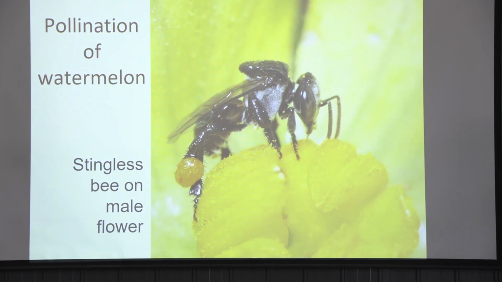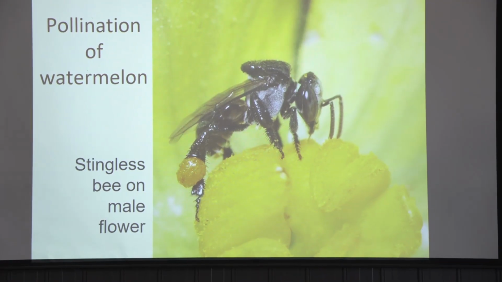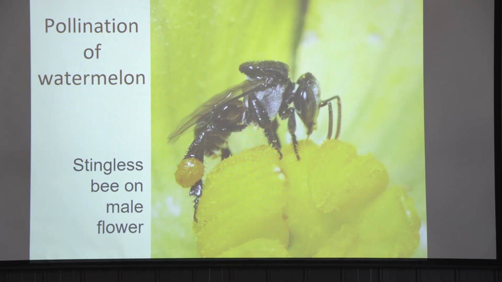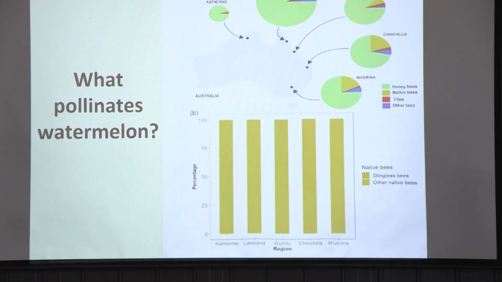So there's a case that some of the native solitary bees, especially those ones I showed before, which we call halictid bees, we saw one down in the garden before, are better than the social bees that we keep in hives for pollination. That's an argument that's made. The research hasn't really been done to prove that in many cases, but it's a hypothesis anyway.